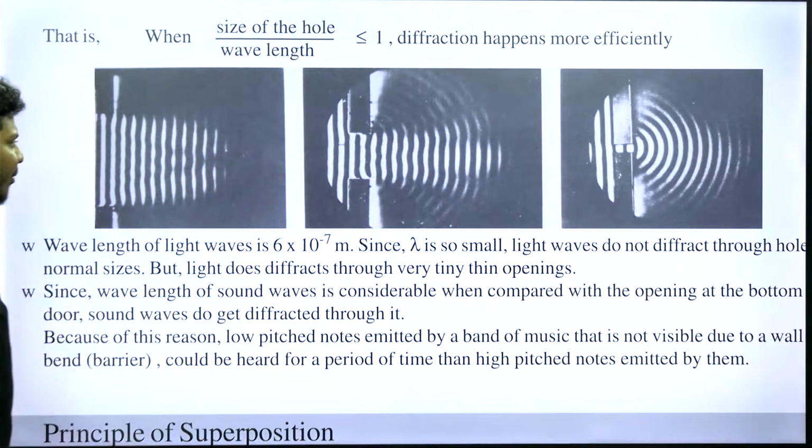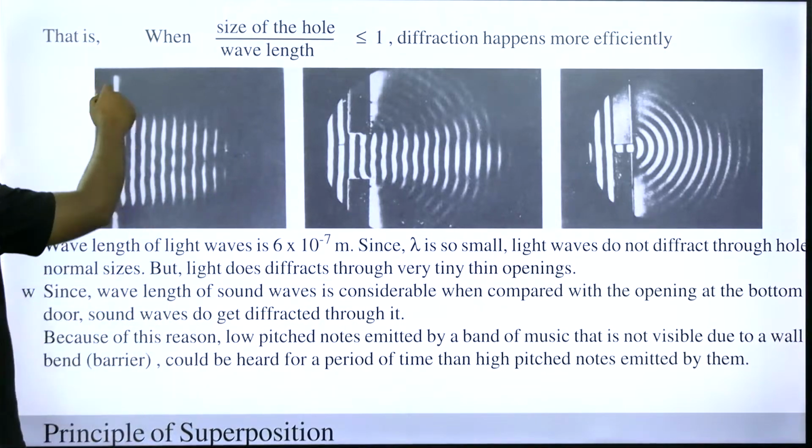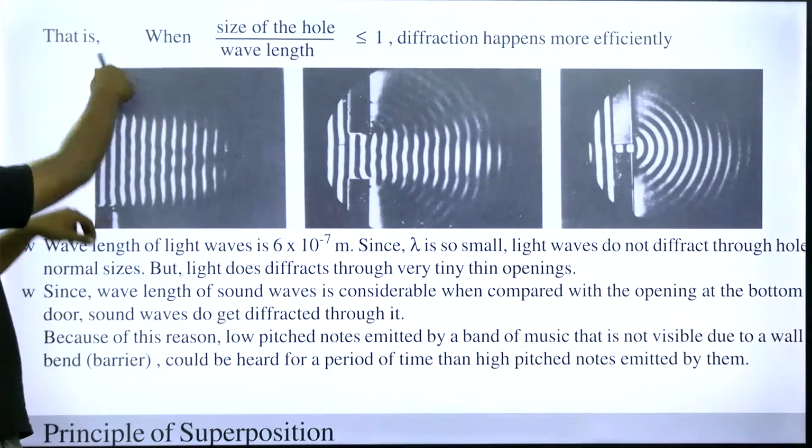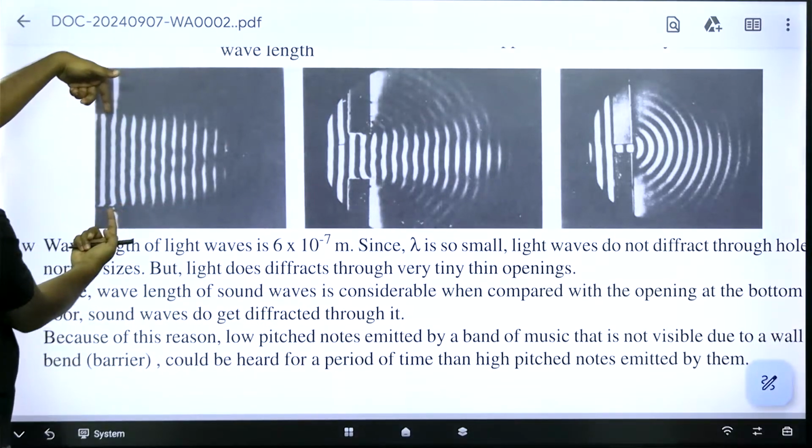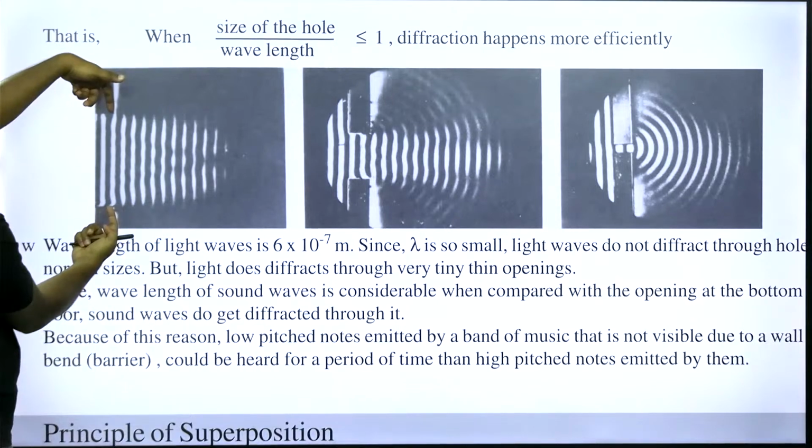In these three experiments, I am reducing the hole size. For this case, this is the biggest hole, the entire hole. So the hole is something like this, guys. In this case, the spread is low, I mean the dispersion is low.